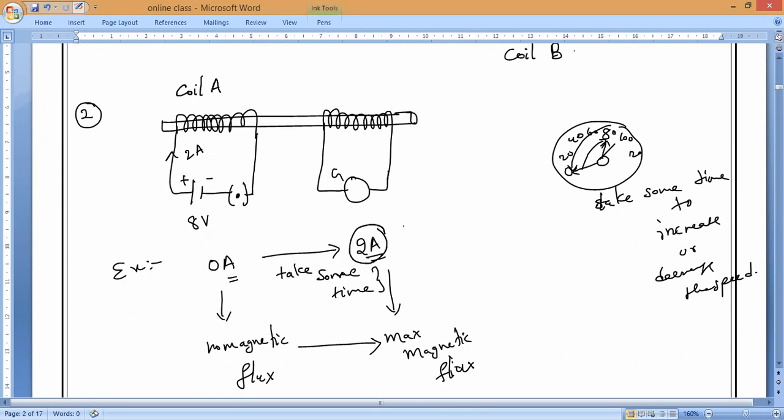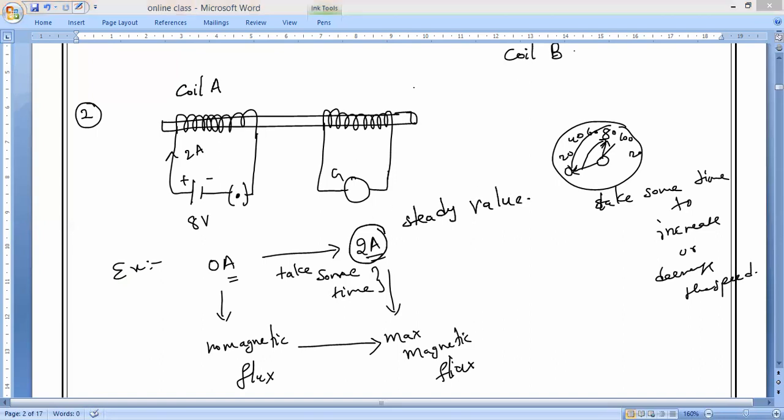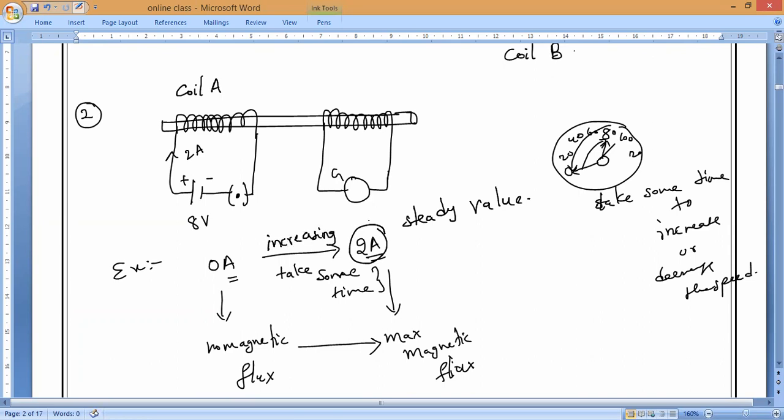It will take some time to increase to the steady value. Have you understood? So it takes a certain time to increase from 0 to the steady value, and during this time the current in coil A keeps on increasing, as I told you, to become the steady value.